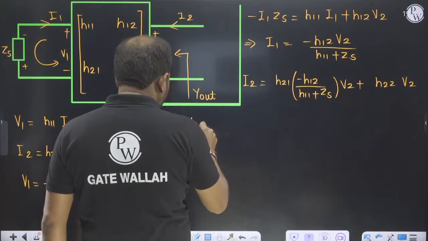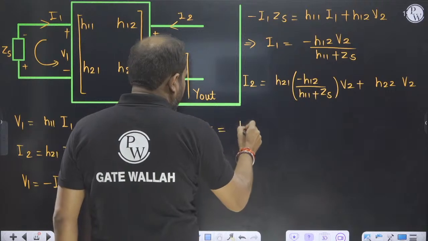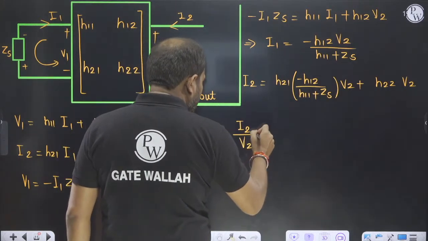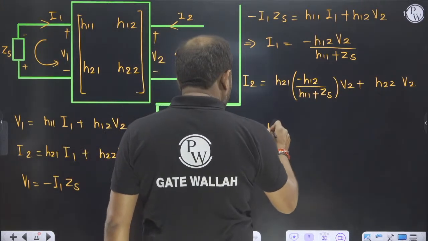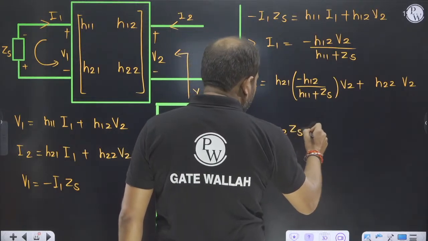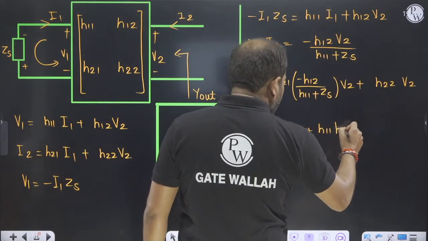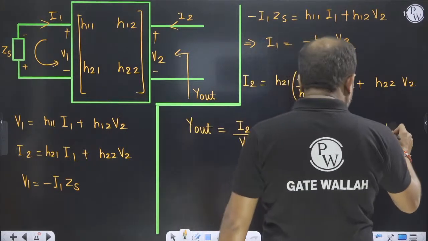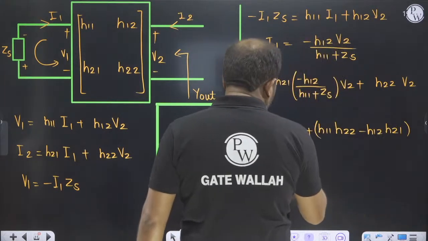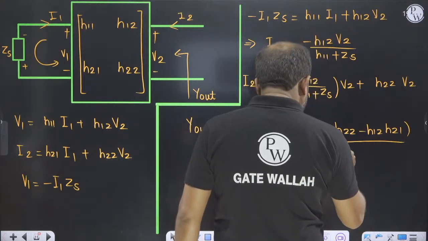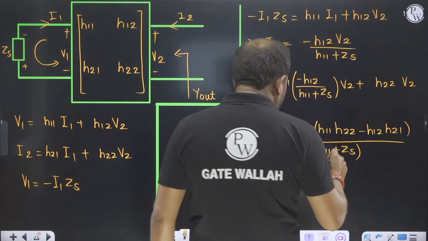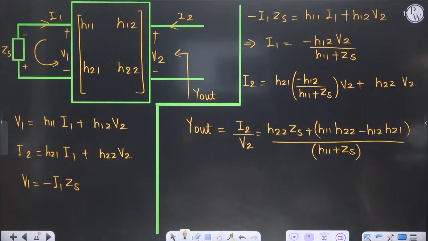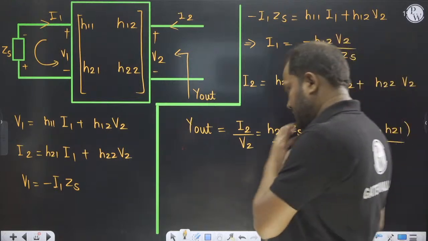So Y out will be equal to I2 upon V2, which is equal to H22 plus H11 H22 minus H12 H21 divided by H11 plus ZS. So this is the equation of Y out.